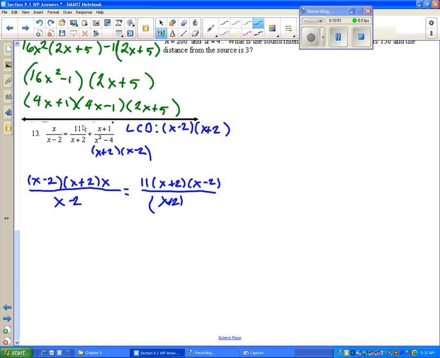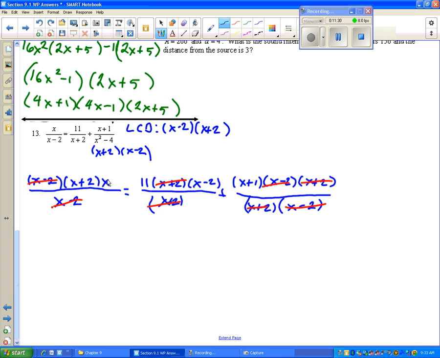That's the second term on the right of the equal sign, plus x plus 1 times x minus 2 times x plus 2 over my x plus 2, x minus 2. If I did this correctly, all my denominators should cancel. What am I left with? Here I'm left with x plus 2 times x.